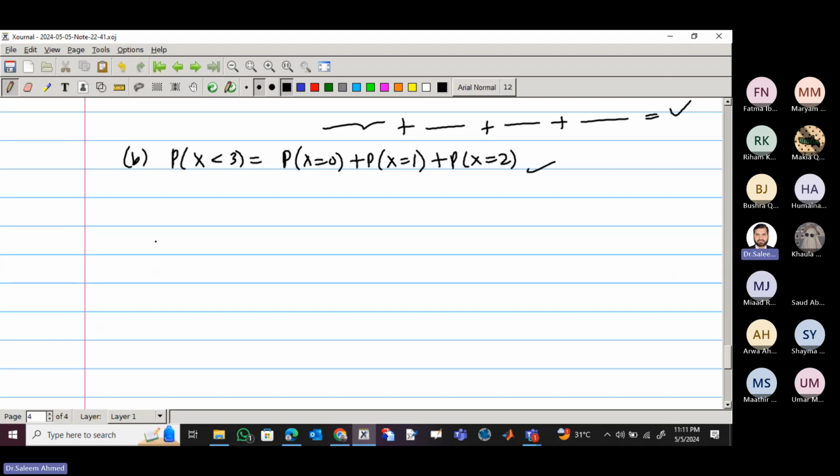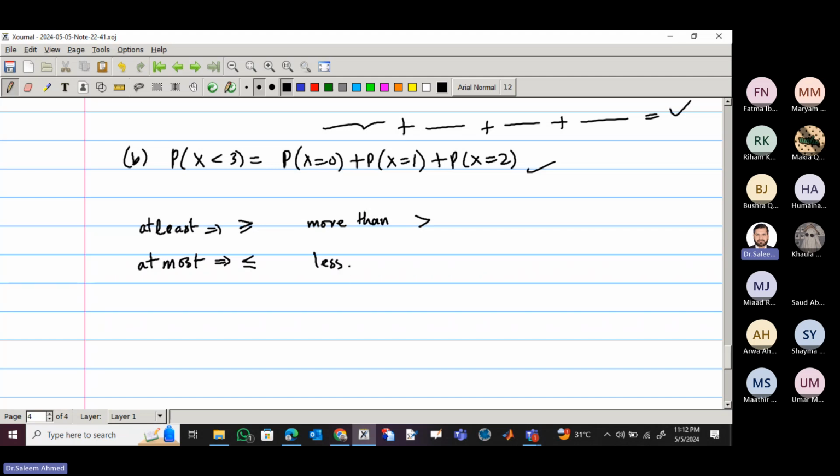Remember, at least means greater than or equal to. At most means only less than or equal to. But if they just say more than or greater than, then you don't have the equal sign. Remember, the equal sign is not there.